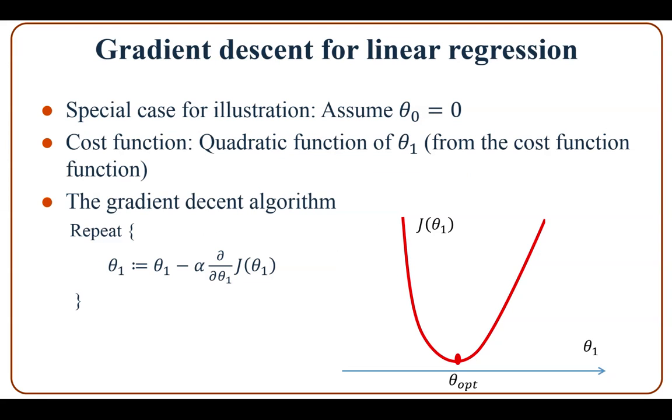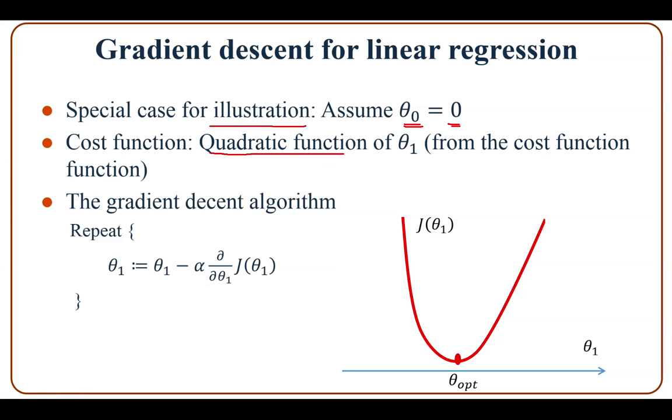Now first look at a special case for illustrative purposes. Let's assume theta naught equal to 0. So to form this cost function, we can see that the cost function is a function of theta 1. So the cost function would look like this.